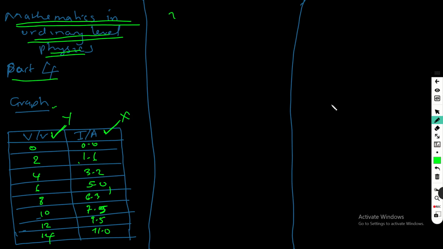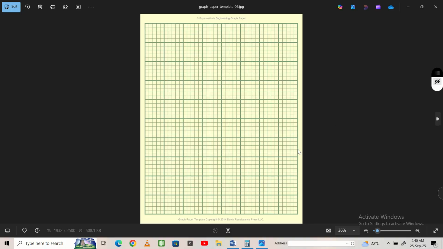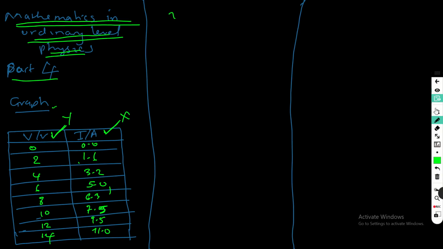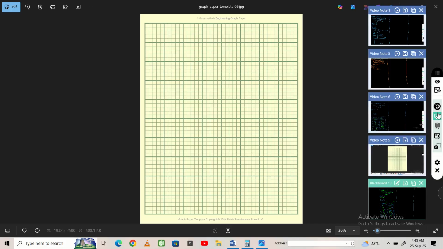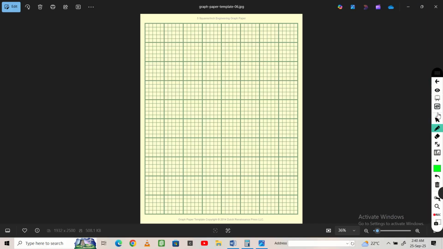Okay, let's go to the graph. This is my graph, and for me to draw my axis on it, let me change the color.